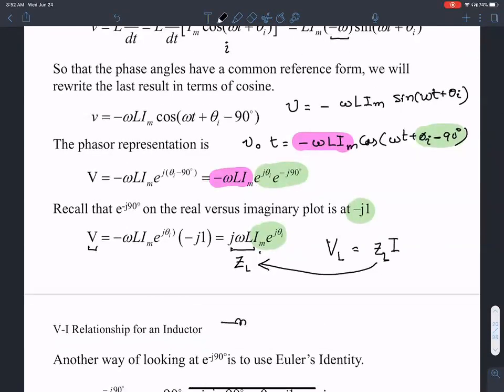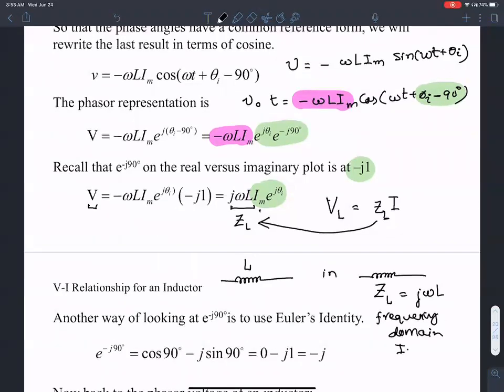So if I were to replace this inductor in the frequency domain, an inductor with inductance of L behaves similar in some sense to a resistance with impedance value equal to j omega L. So j omega L is the frequency domain impedance.